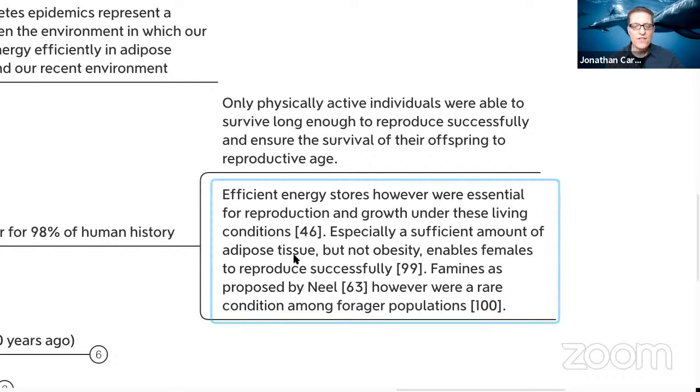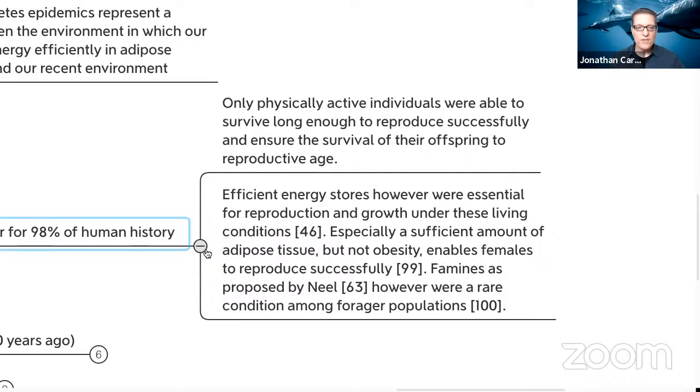So women do need a certain amount of adipose tissue and generally are healthier with more body fat than men. So famines, as proposed by Neal, which was the thrifty gene genotype, were a rare condition among forager populations.